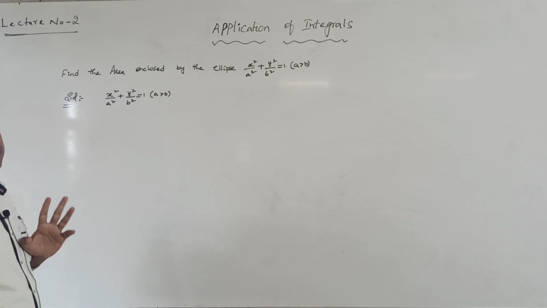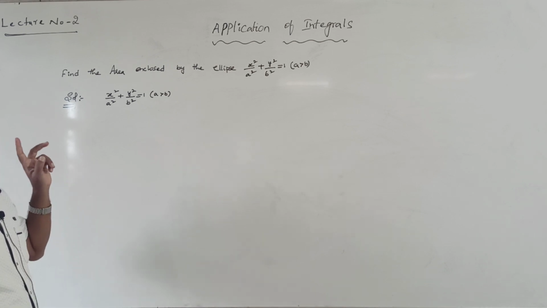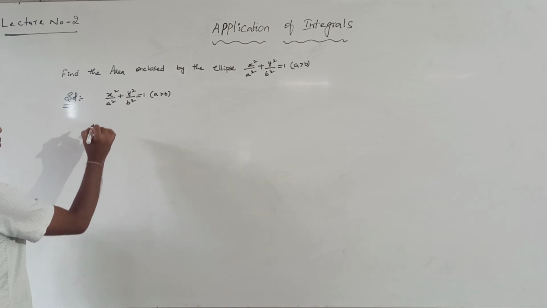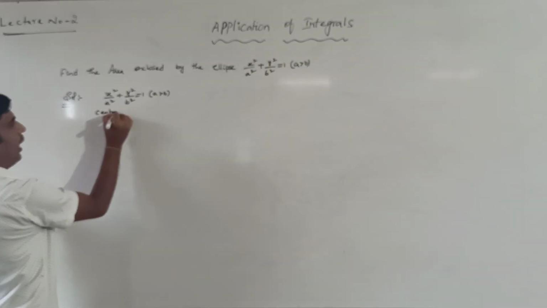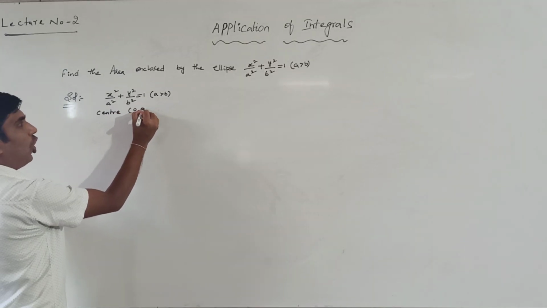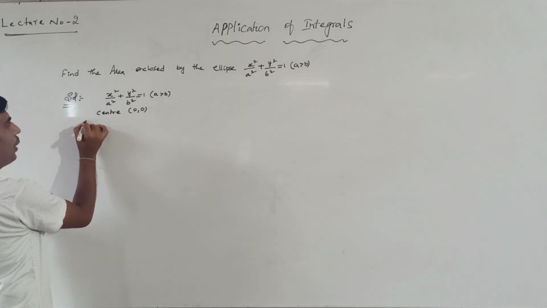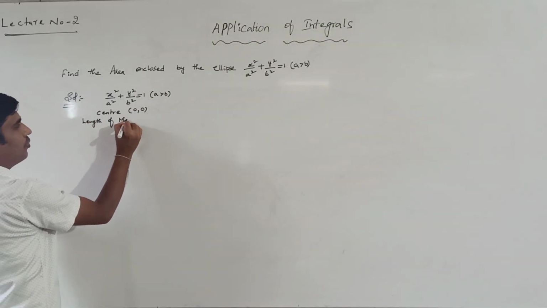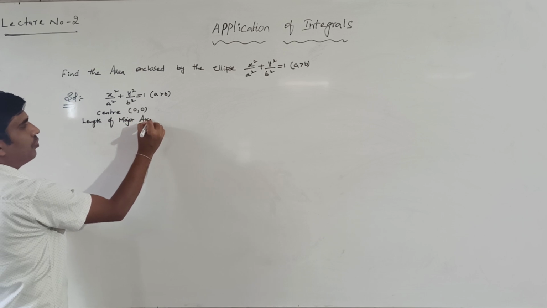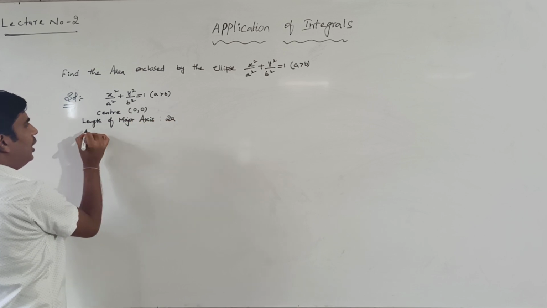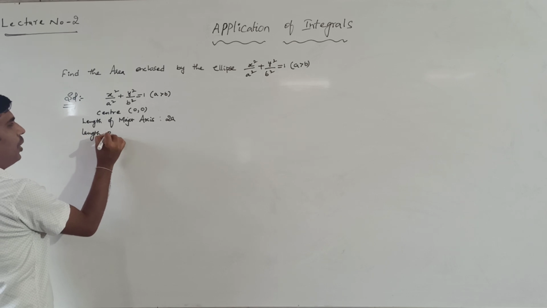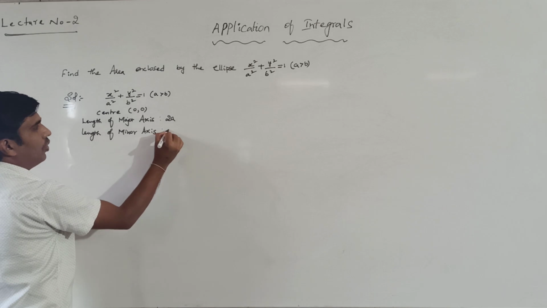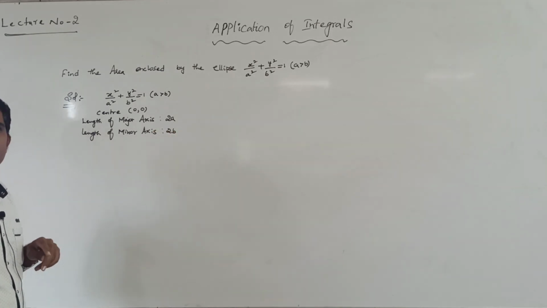So in first PUC we have the idea, when ellipse equation is in this form, that ellipse having center at origin and length of major axis as 2a, length of minor axis as 2b.